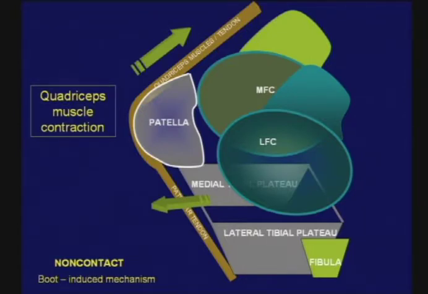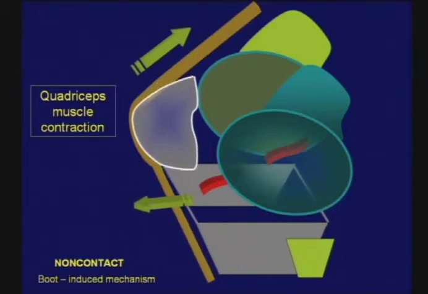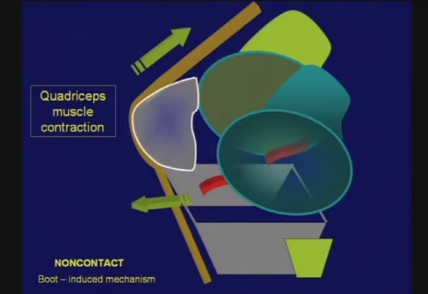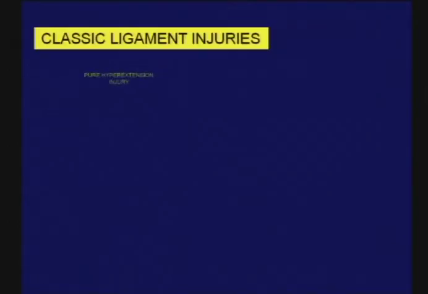The quadriceps muscle tends to push the tibia anteriorly. So it is an antagonist to this ligament, which is the anterior cruciate ligament. So as the quadriceps muscle activates during this boot-induced injury, there is going to be a tear of the anterior cruciate ligament. This is a classic injury that takes place in the skier.